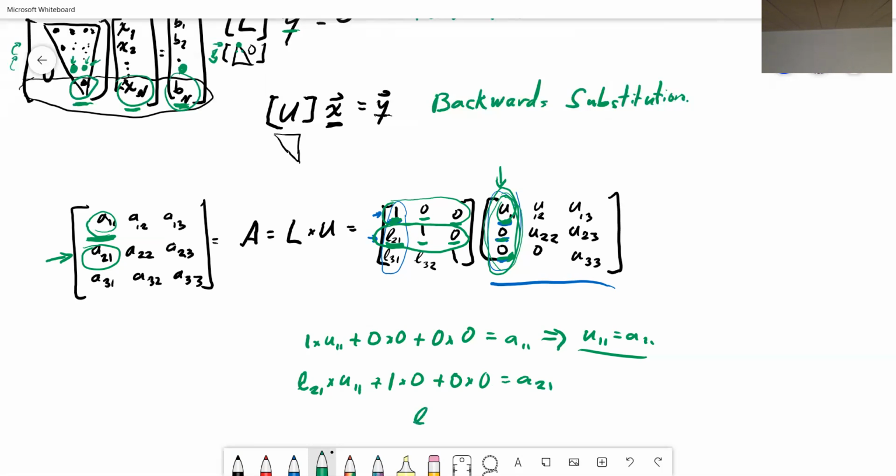So from this we know that L21 equals A21 over U11.